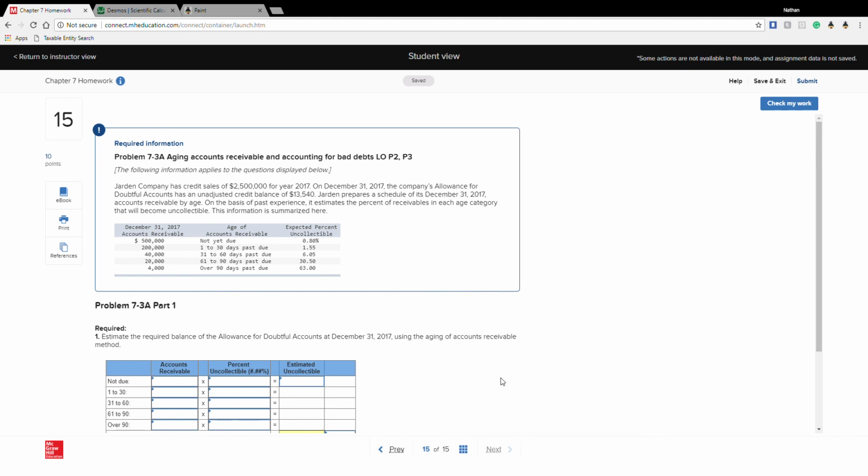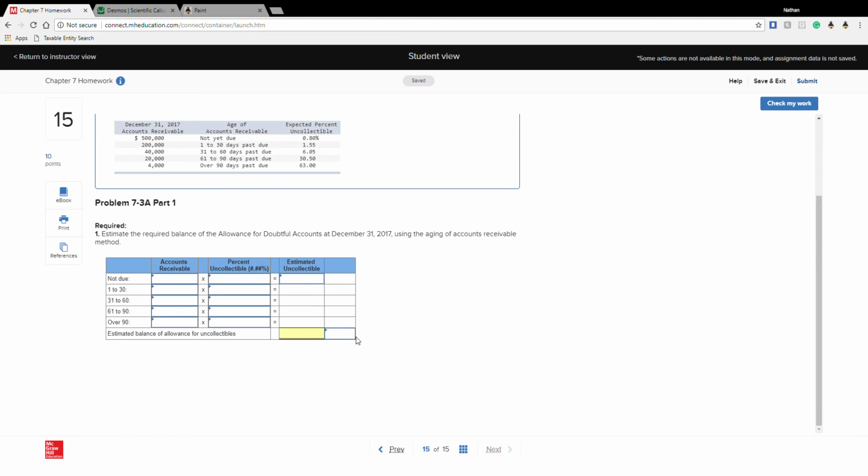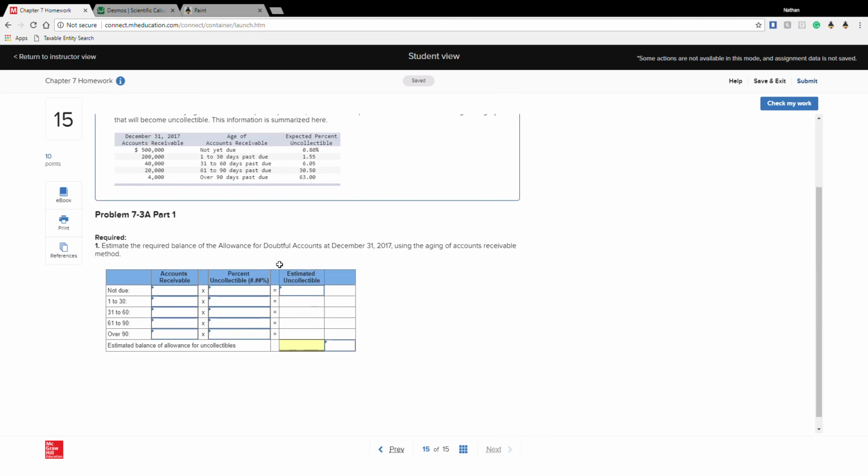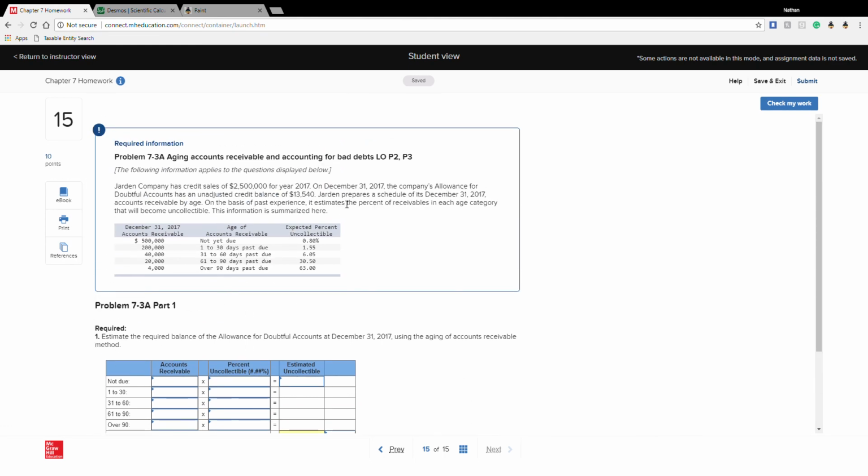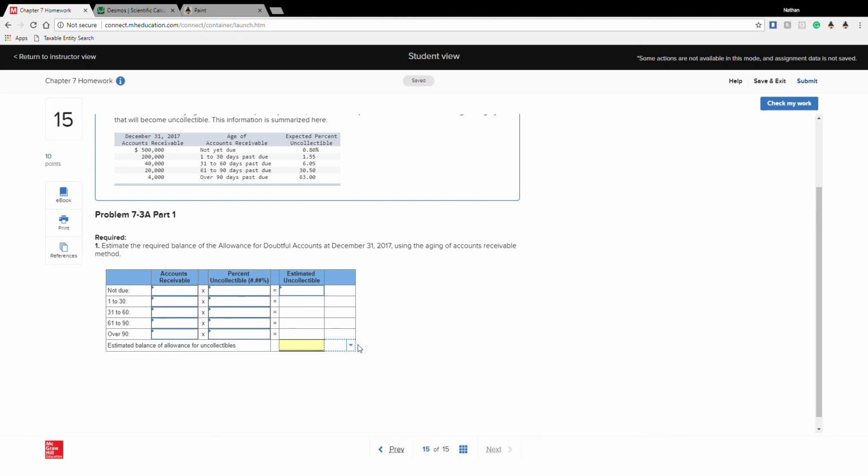On December 31st, 2017, the company's allowance for doubtful accounts has an unadjusted credit balance of $13,540. Okay, and they prepare their schedule and so forth and so on. So this one, all we've got to do is fill out the little chart. Yay! So I don't even have to worry about any of this info this time around. And most likely this is going to be a credit.